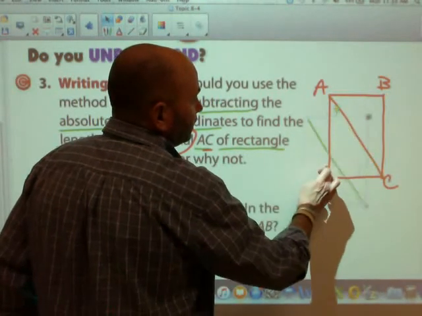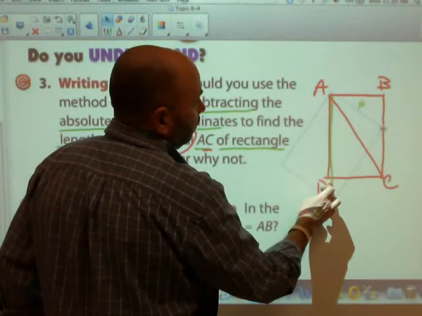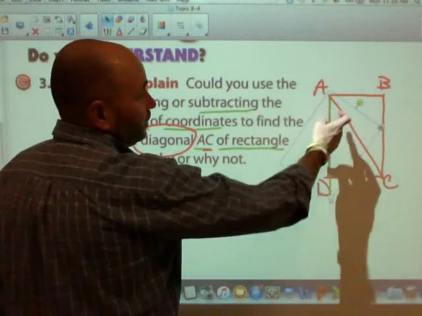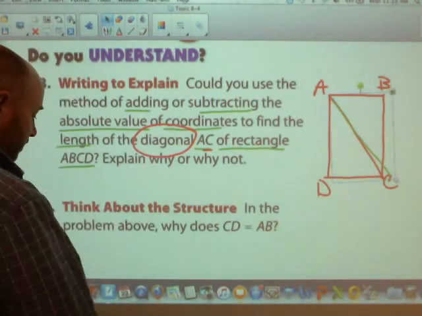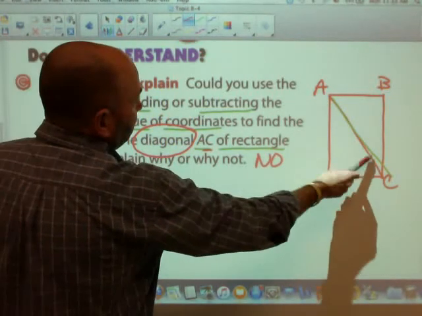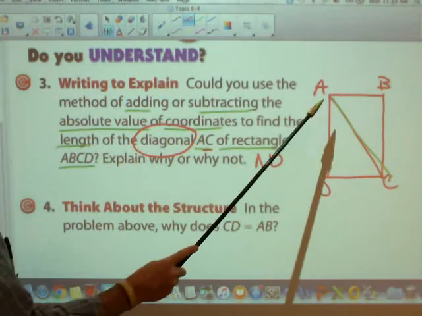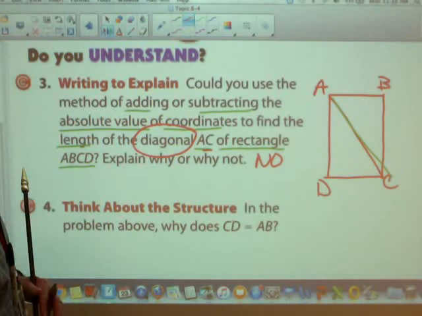If you take that distance and you turn it, it doesn't fall on any coordinates or anything like that, and it's actually a longer distance. So the answer to that is a definite no. And the reason being is that diagonals from point to point don't fall within the coordinate plane in terms of actual units up and down, so absolute value is not going to work in that case.